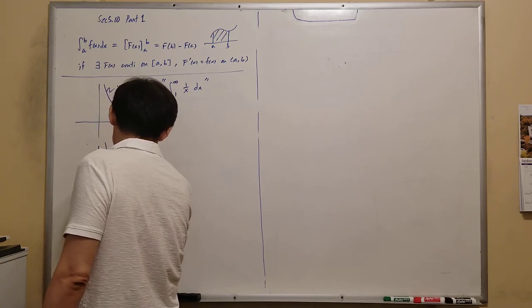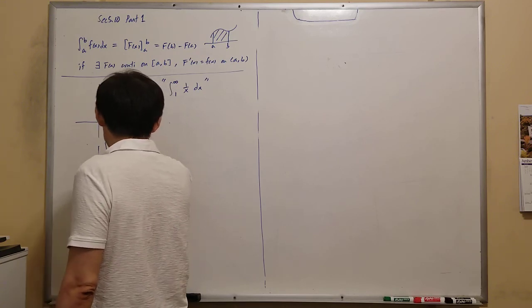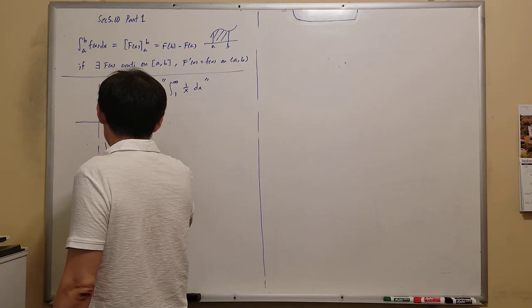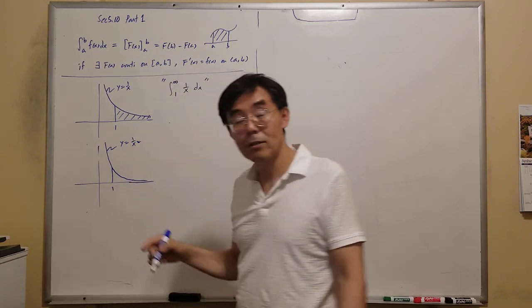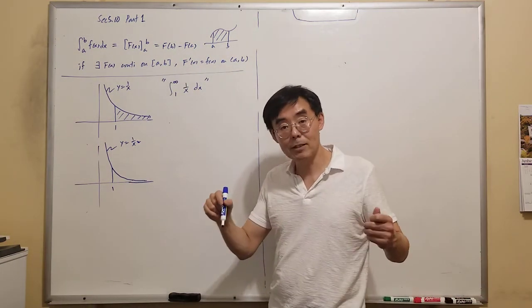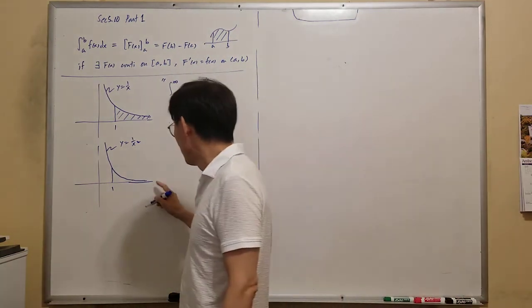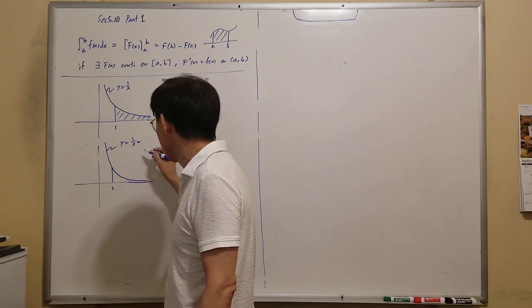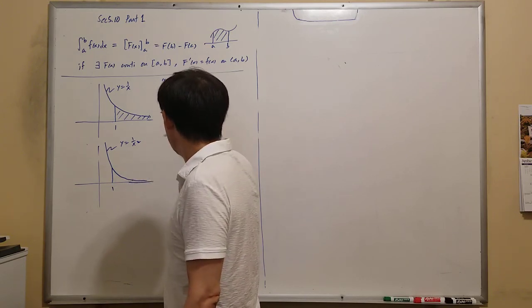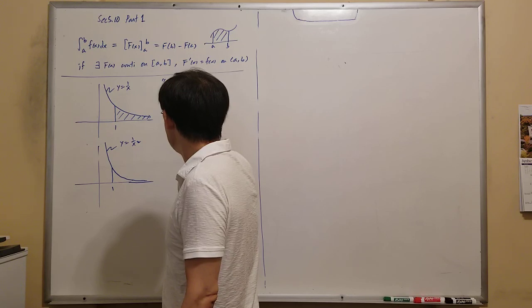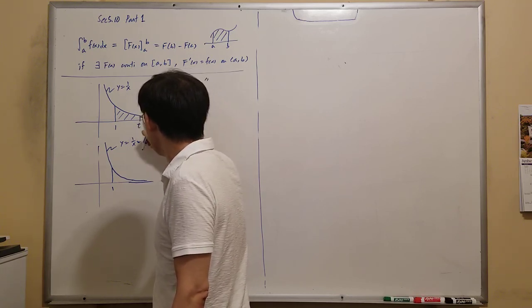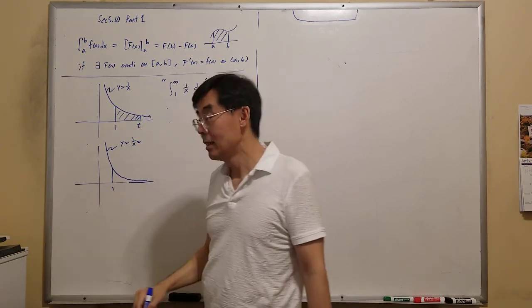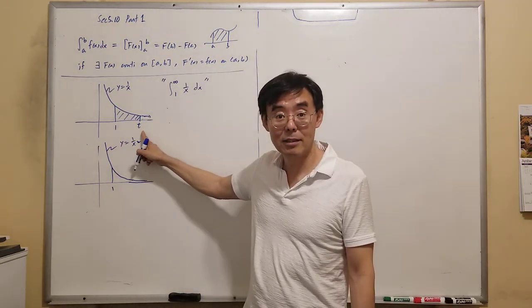That is, let's consider y equals 1 over x squared. Because our definite integral does not work for the infinite size interval, we can consider this way. Consider up to t only. I go from 1 to 10.